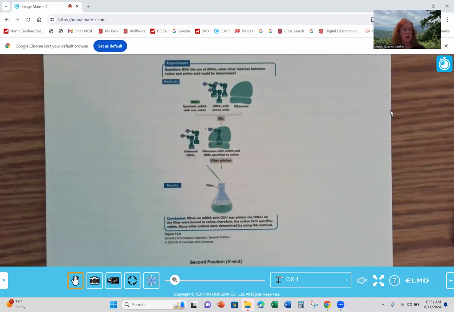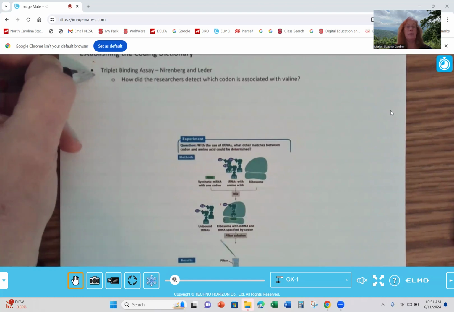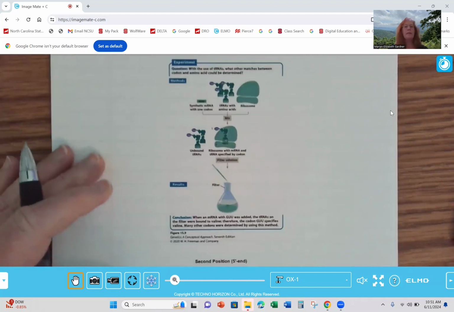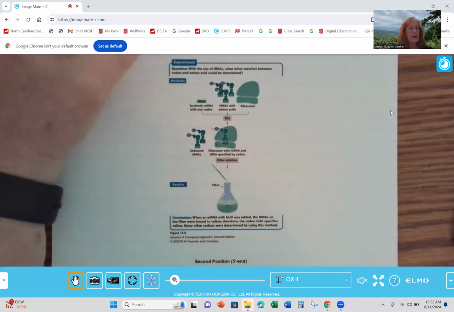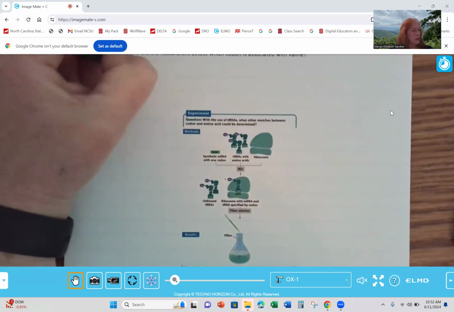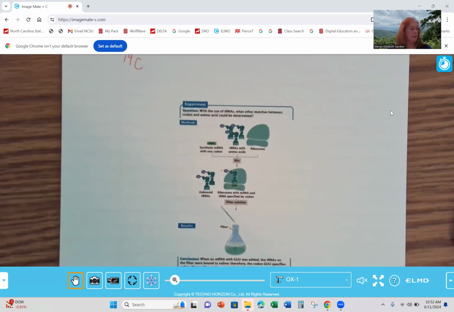So they did an experiment called the triplet binding assay. Got that written right here, the triplet binding assay. And for each of those trinucleotides, effectively each codon, they did 20 little tubes plus replications, and in each tube, a different amino acid was radioactively labeled. And the label they used for this was carbon 14, and that would radioactively label the amino acid.